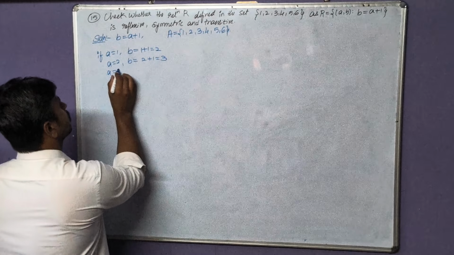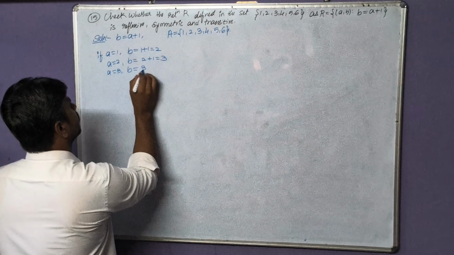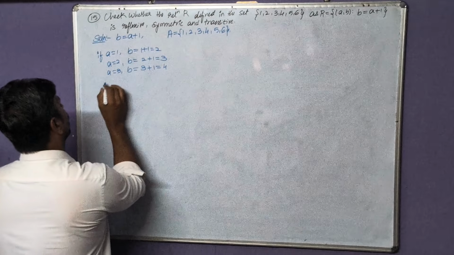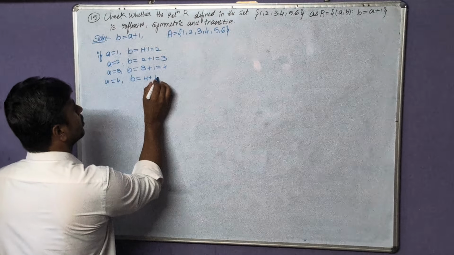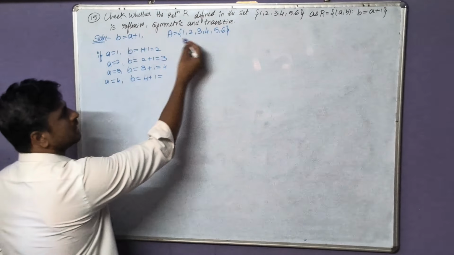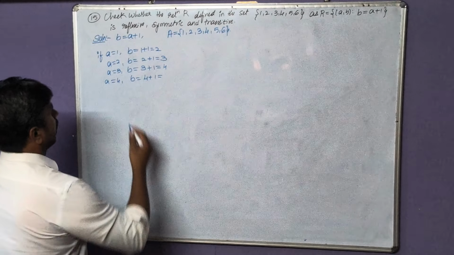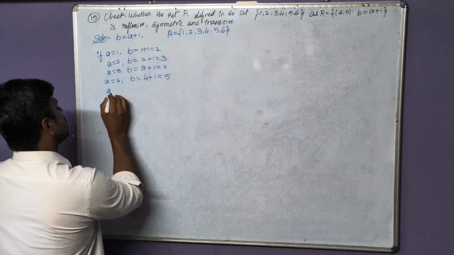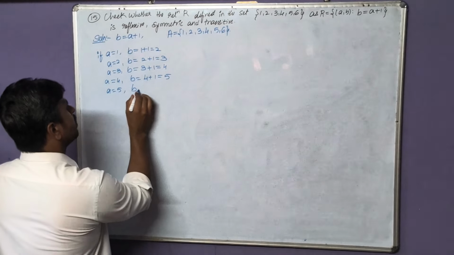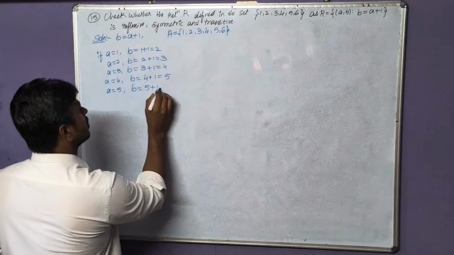When a is equal to 3, b becomes 3 plus 1, which is 4. When a is equal to 4, b becomes 4 plus 1. I am just replacing the value of a by these inputs and accordingly finding the value of b as well. So b is equal to 5. When a is equal to 5, b becomes 5 plus 1, which is 6.